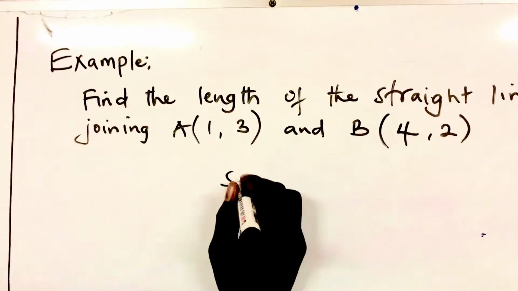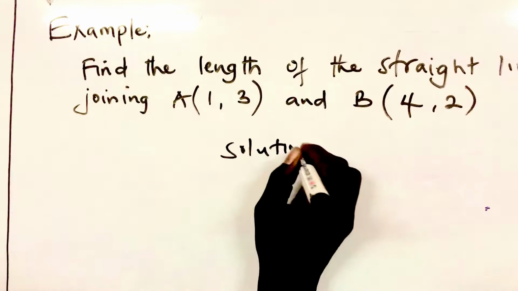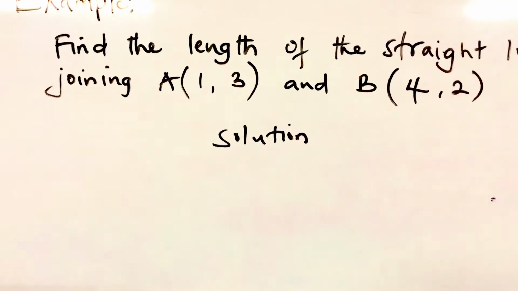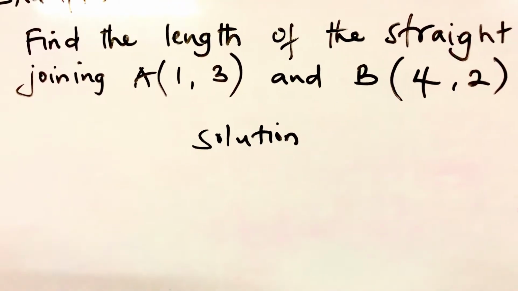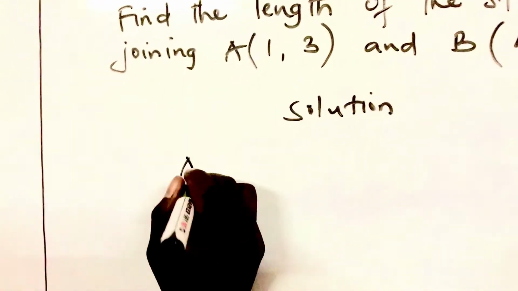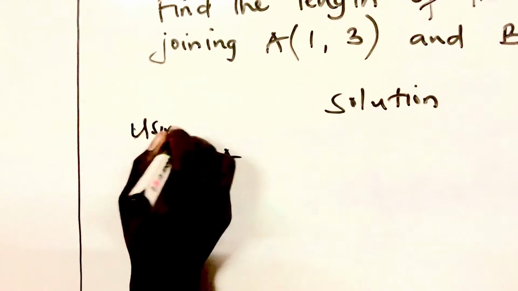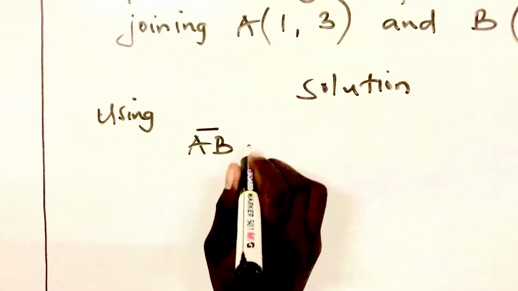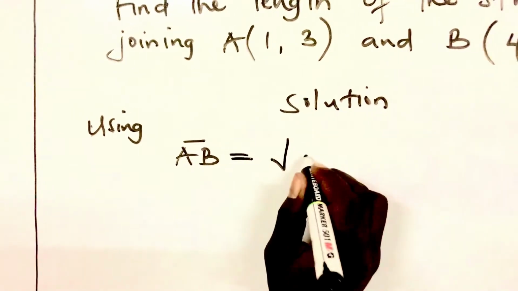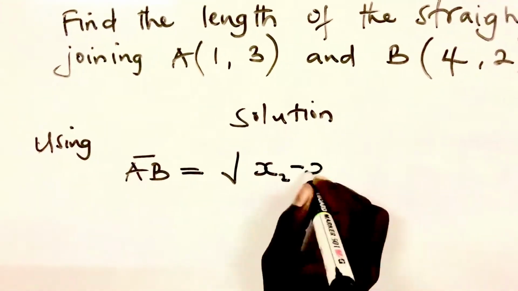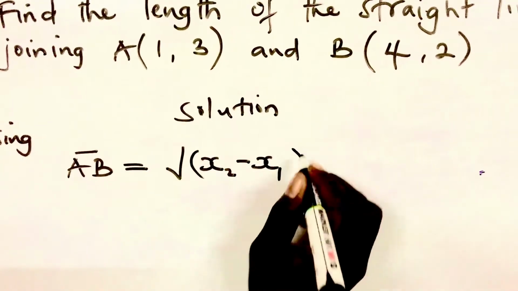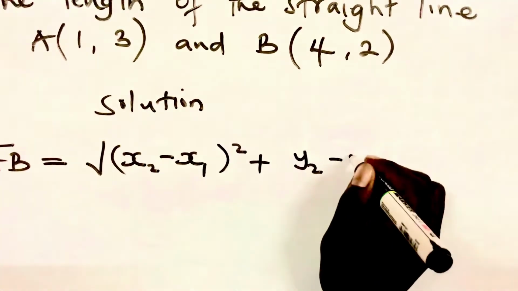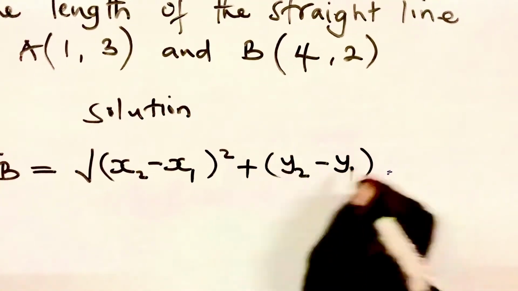In our solution, remember the formula: AB, which is a line, should be equal to the square root of x2 minus x1, everything squared, plus y2 minus y1, everything squared.